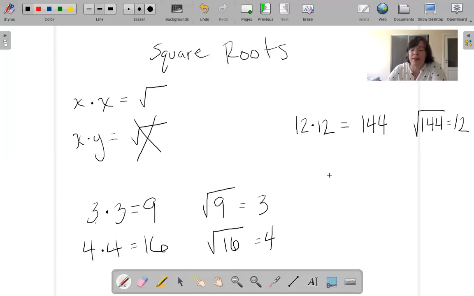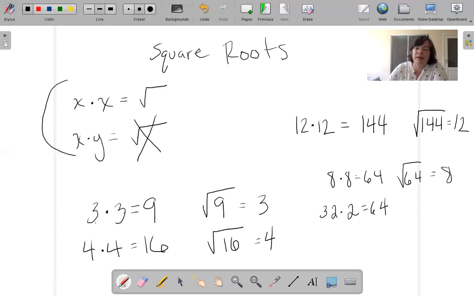Now watch this. 8 times 8 equals 64, which means the square root of 64 equals 8. But also 32 times 2 equals 64. But these are different. See, over here in my formula, I have x times x.